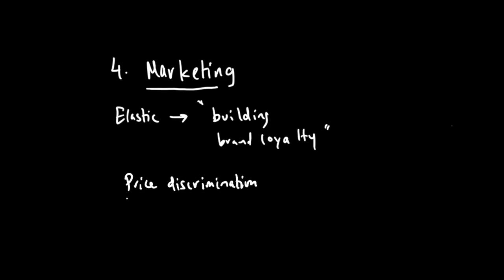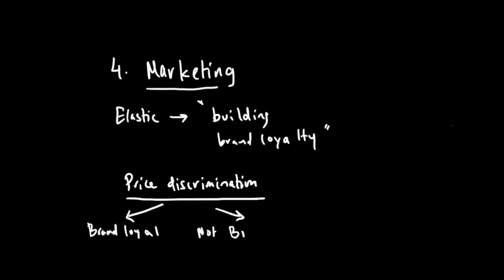For example, I have two kinds of consumers: those who are brand loyal, and those who are not brand loyal. I can have an inelastic demand in the consumers who are brand loyal, while those who are not brand loyal have an elastic demand.